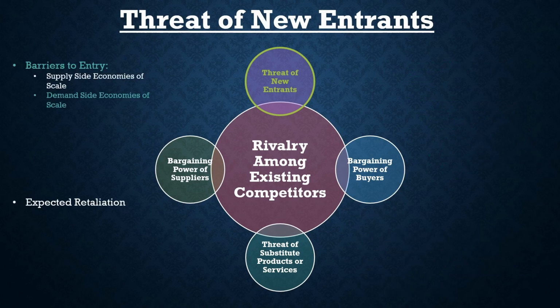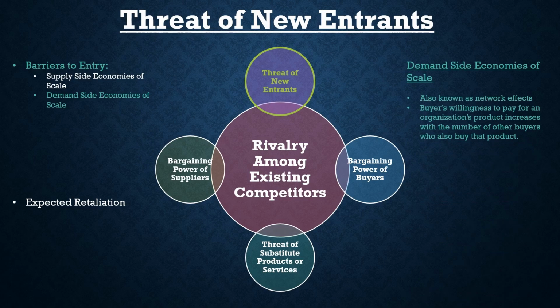The next point to consider within barriers to entry is the demand side economies of scale. This is also known as network effects. The buyer's willingness to pay for an organization's product increases with the number of other buyers who also buy that product.